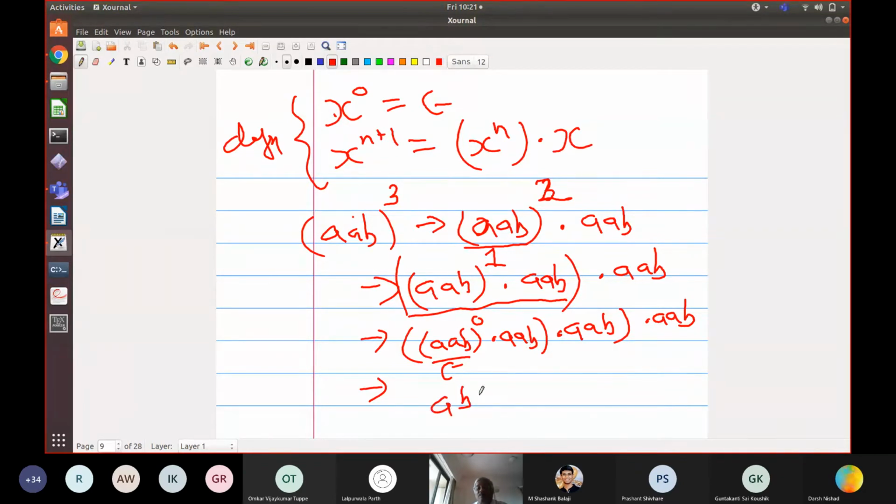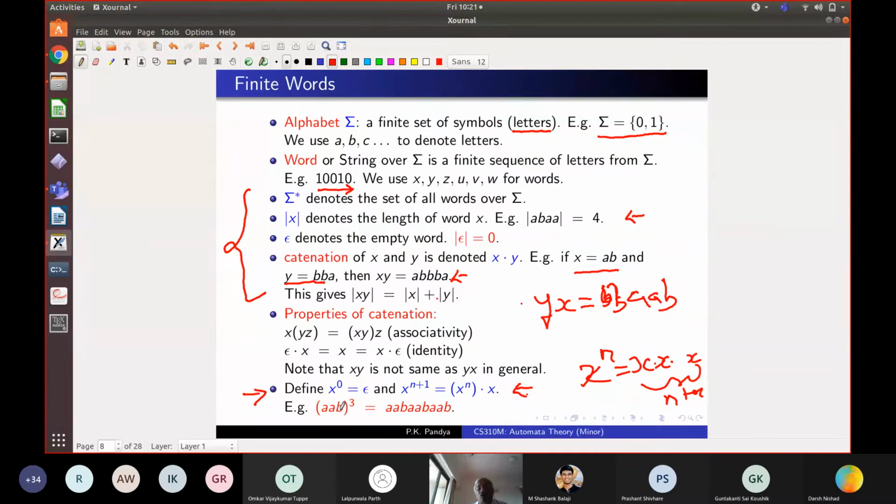So what I'll get is AAB catenated with AAB, this was the second bracket, and that catenated with AAB, and this will give me the string AAB AAB AAB. So this is the kind of systematic calculation implied by such a definition. Although intuitively this is easy for us to understand, a computer internally will work like this to calculate power.